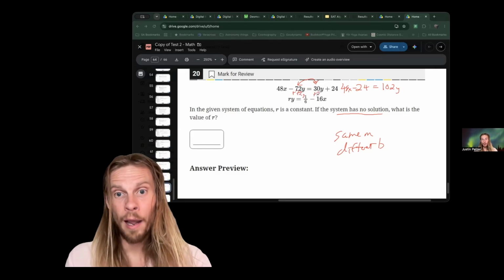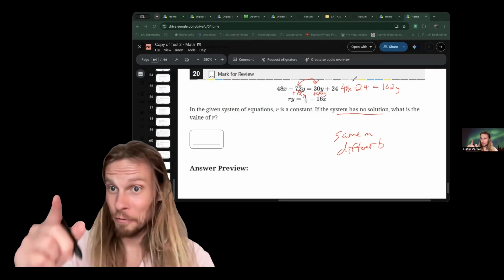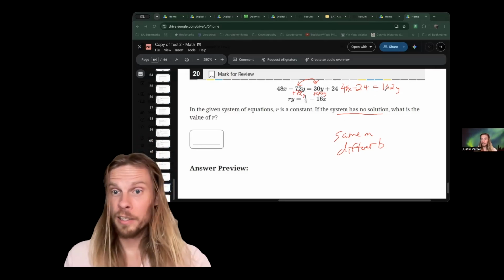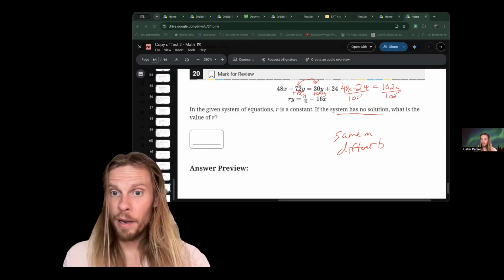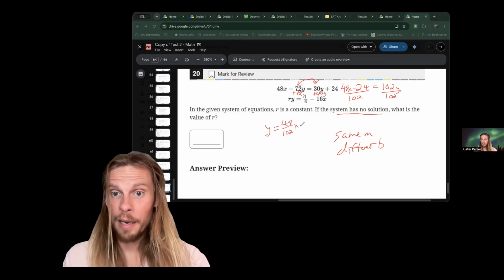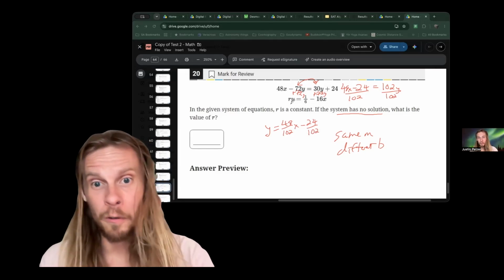We know how to move things around from a different video. We can cover that. So what I can do is divide by 102, and I get y equals 48 over 102 x minus 24 over 102. Stop. You can simplify, but you don't need to.